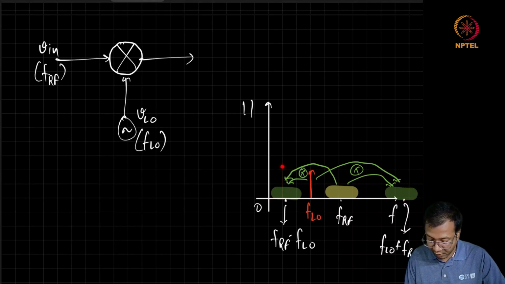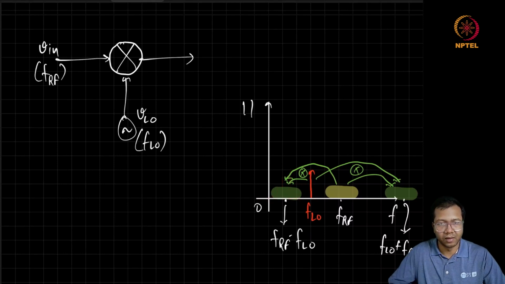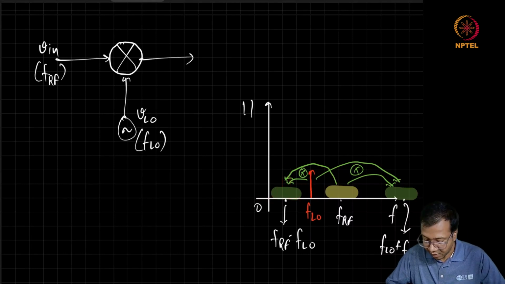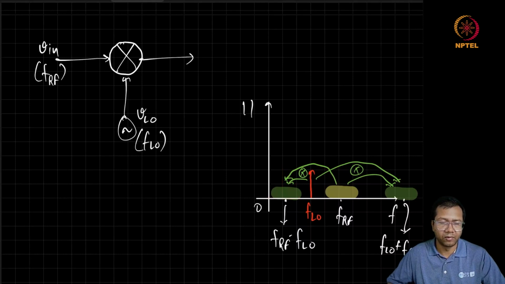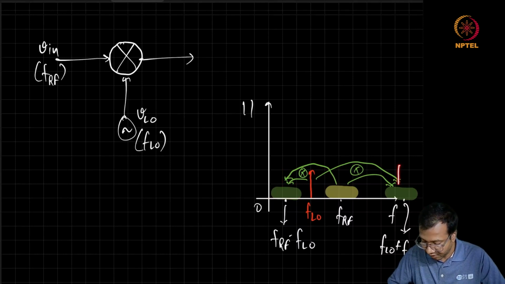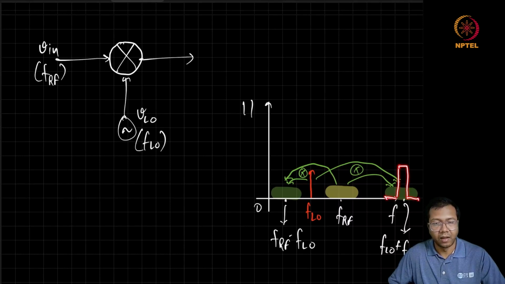So many times you prefer to design a fixed channel filter at a lower frequency, because the design itself will be much easier, and you will also require a much lower order filter as compared to designing a channel select filter at a high frequency.